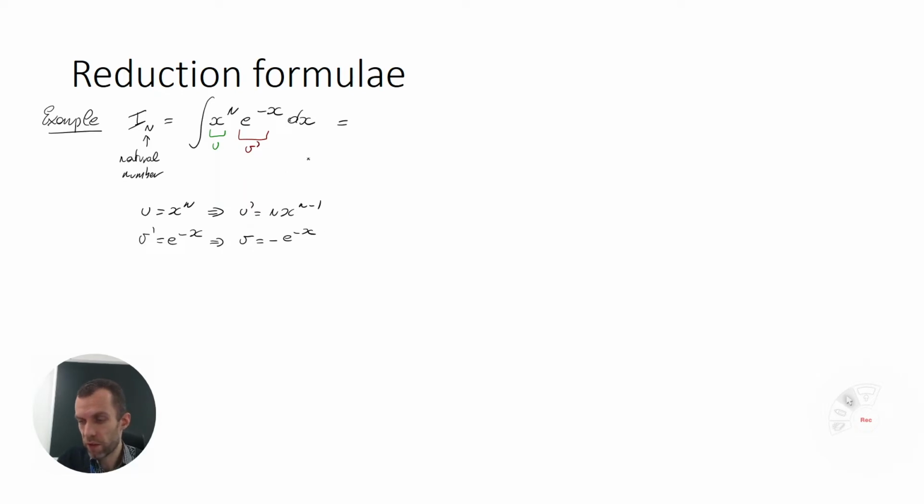And so integration by parts gives us u times v, so x to the n e to the minus x, and then a minus, and then plus u prime, so n times x to the n minus 1, and actually let me take out the signs. So this is u prime, and then v is minus e to the minus x dx. So this is v.